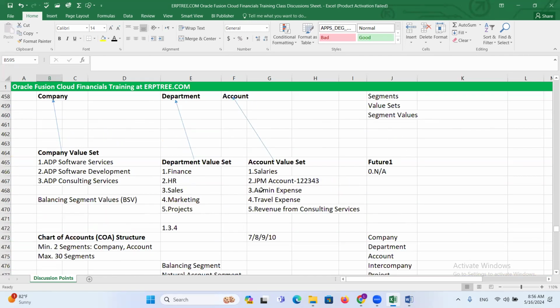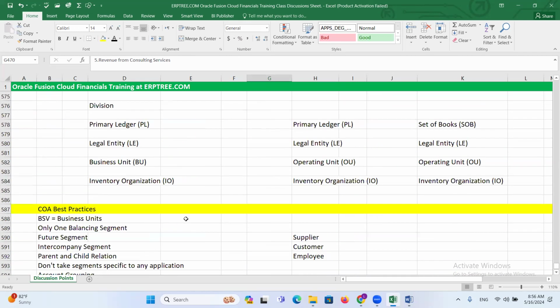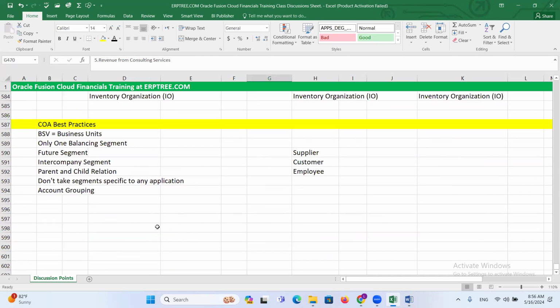For example, in these account values, salaries is related to an expense account, this bank account is related to an asset, and you may have revenue accounts, expense accounts, etc. So when you design the solution, we always recommend that the client maintain account grouping.